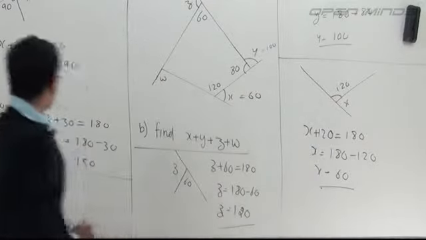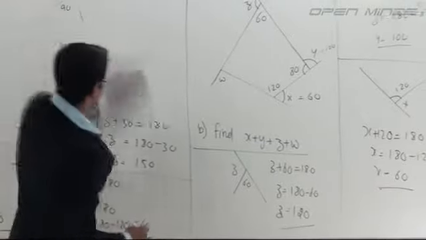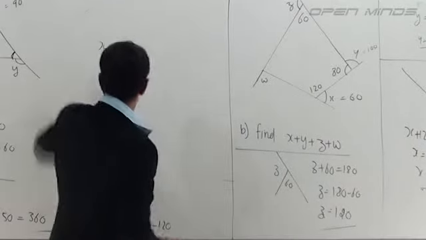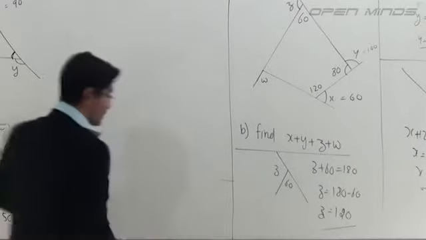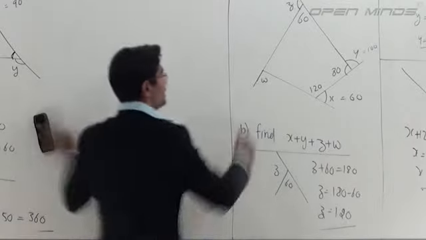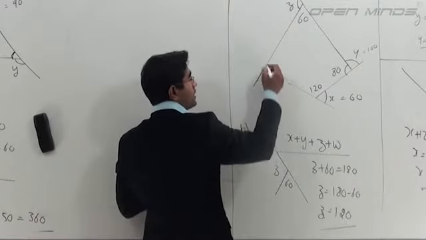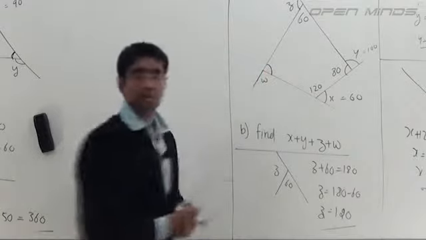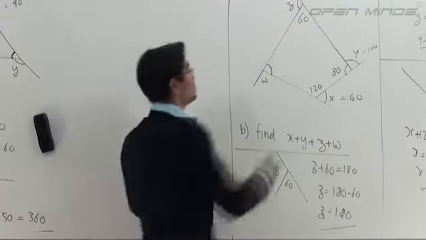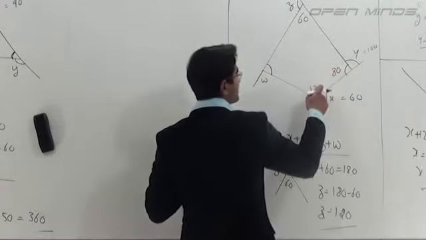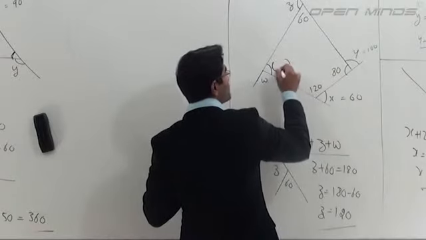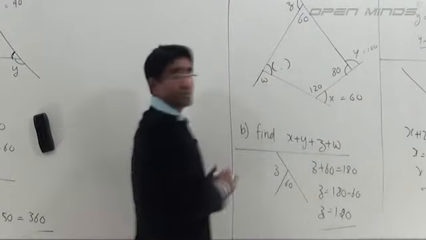So let me finish the problem here. I need a space. So what happens in this case? What's the last thing? To find out w, I don't know this angle, but I know another relation: if at all I know this angle and this angle, I can actually find this guy. Once I know this guy, I can find this w.